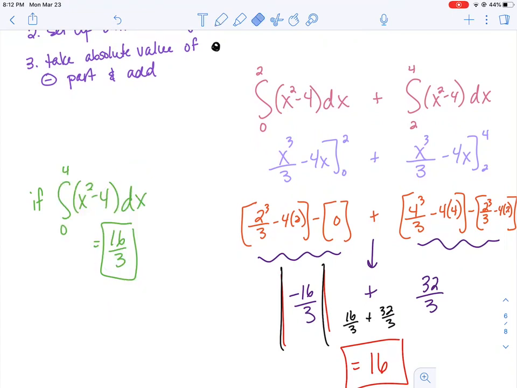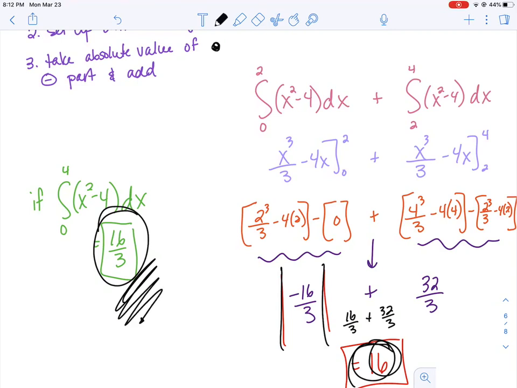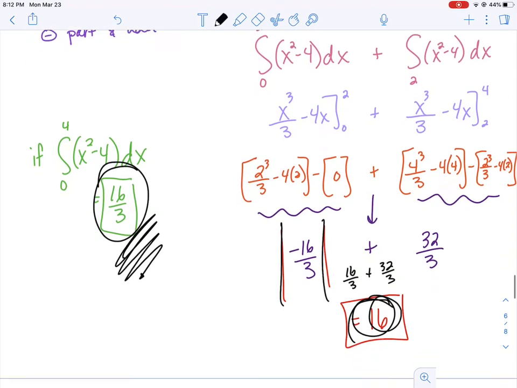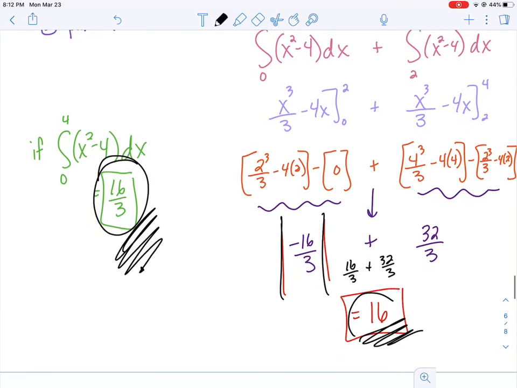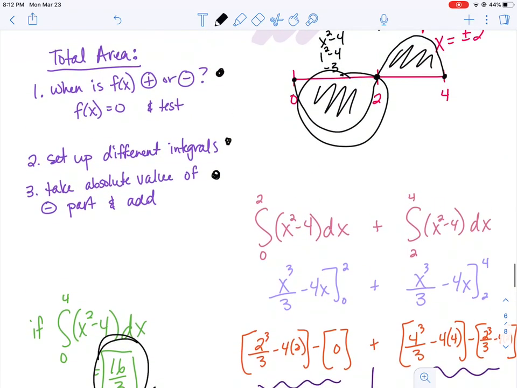If you didn't do that and you tried to just integrate it straight up the way it was, x squared minus 4 from 0 to 4, you would end up getting 16 over 3 and not 16, which is very different. This is more of a net change, including the positive and negative versions, where the 16 is a total area amount. A little bit different and makes a big difference in your answer and what they're asking for. So be careful.